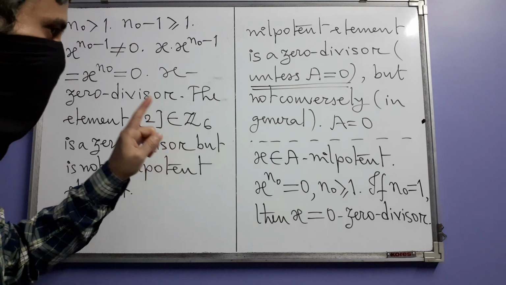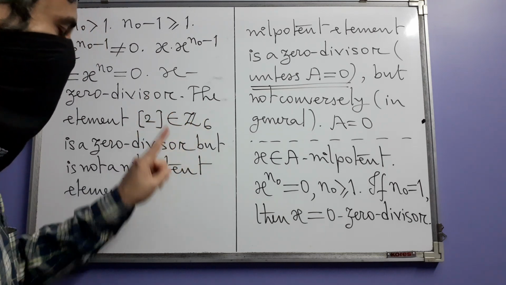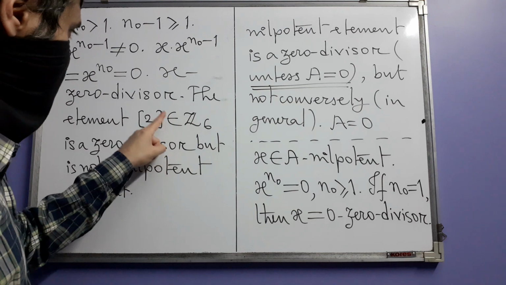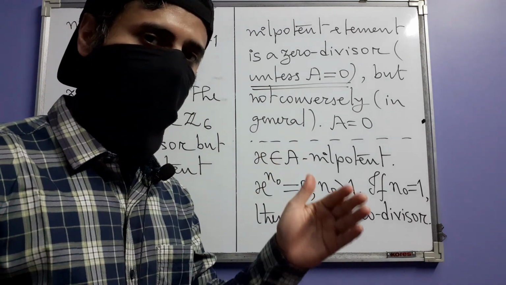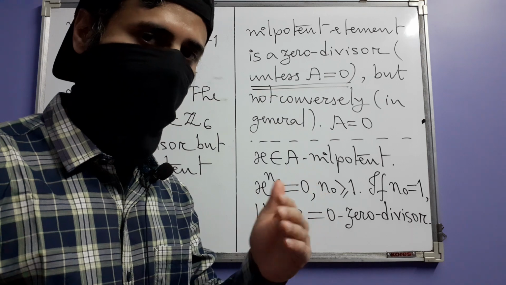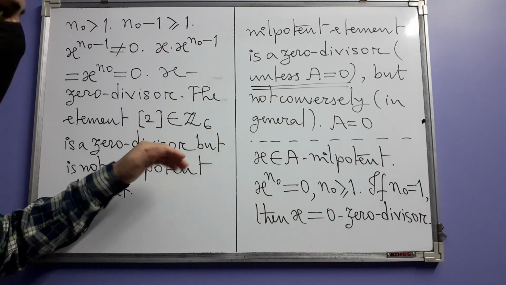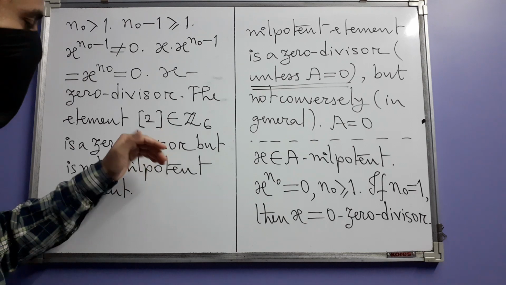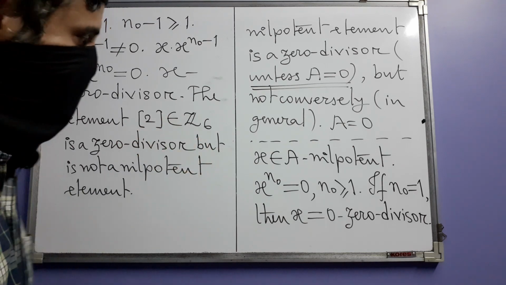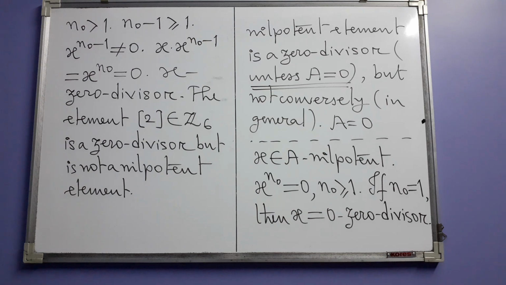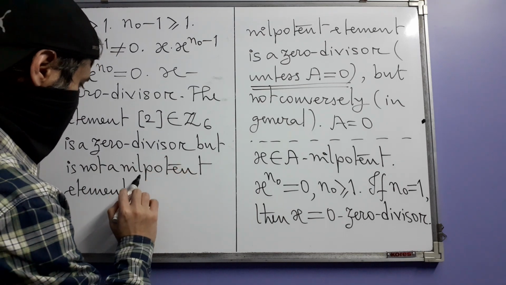This is the congruence class modulus 6 whose representative is 2. It is the set of all integers of the form 6n plus 2, where n can vary over the set of integers. Or to put it somewhat differently, it is the set of those integers which leave the remainder 2 when divided by 6. So what we are saying is that this is a zero-divisor, but this is not nilpotent.